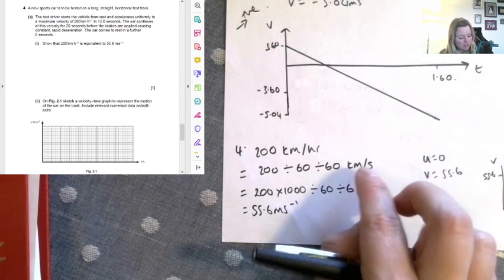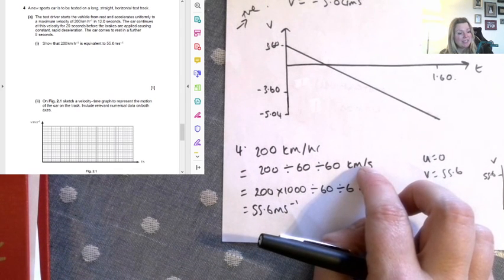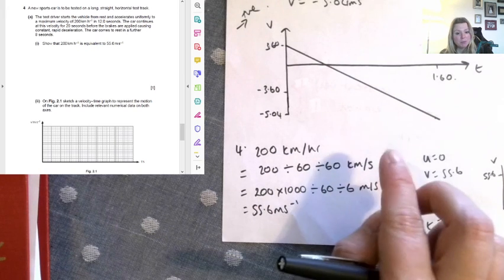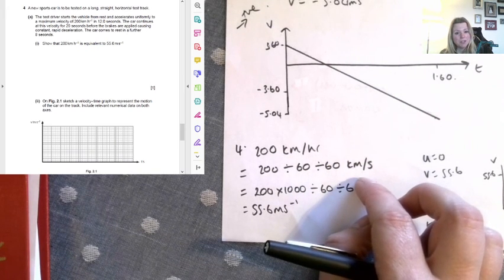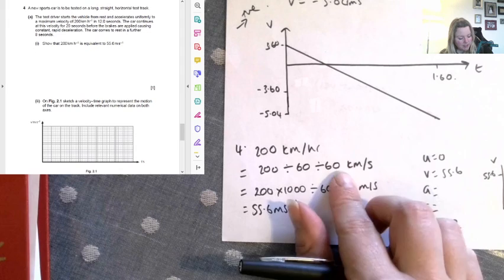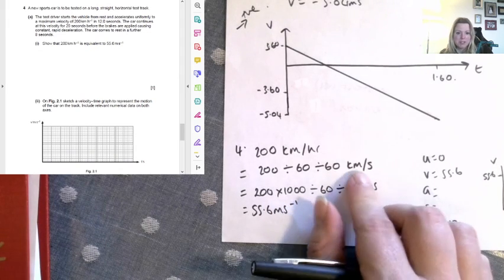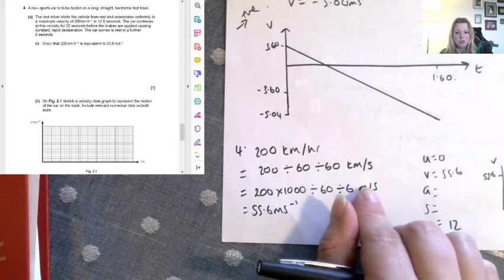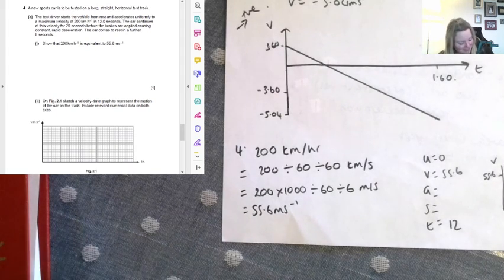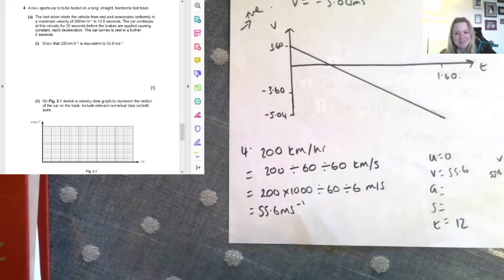Now, this type of working out really is the only time that I keep units on throughout my working out, because it helps me keep track of what's going on. Then to go from that to how many meters it is per second, multiply by 1,000. Normally I just do the meters bit first and the time bit second. Don't know why I did it the other way around. But anyway, that gets you 55.6.